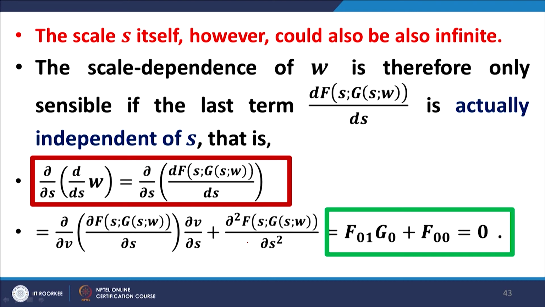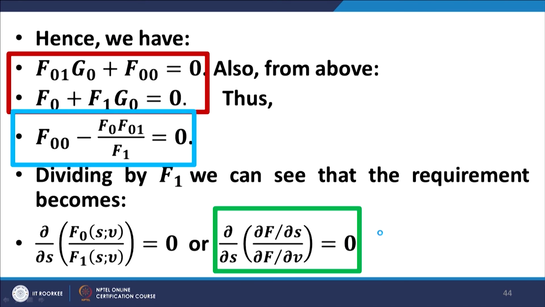Recall f00 is the second derivative of f with respect to S, f01 is the derivative of f with respect to S and with respect to V, and g0 is the derivative of g with respect to S.